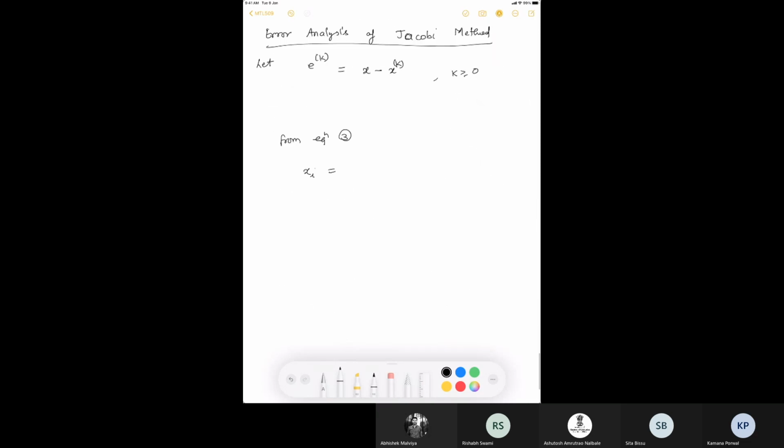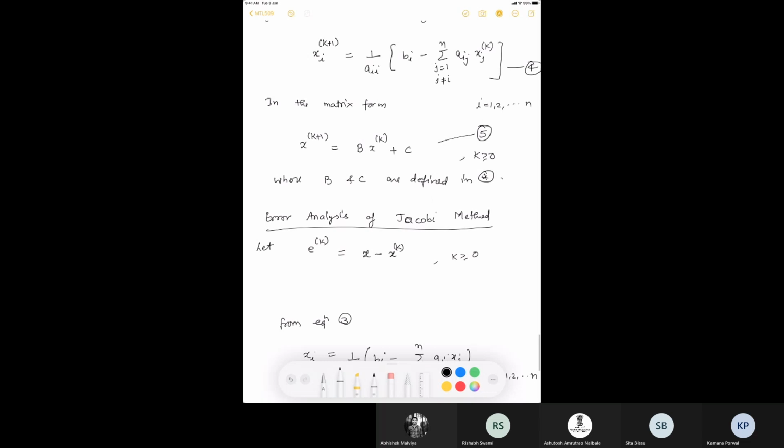So it's going to be bi minus summation j equals 1 to n of aij xj, and everything divided by aii. So let me keep the factor aii outside. Okay, and here j is not equal to i. So the exact solution satisfies this.